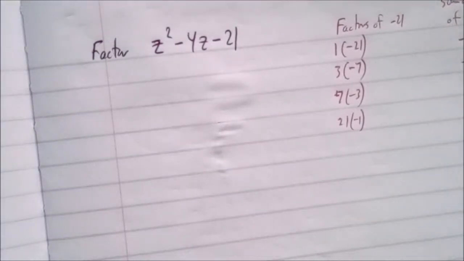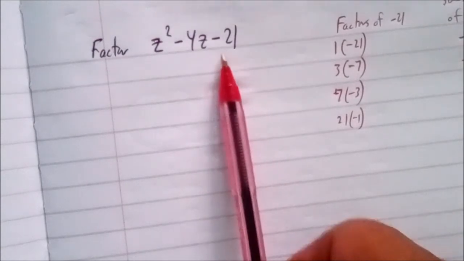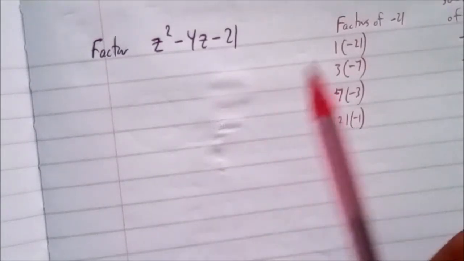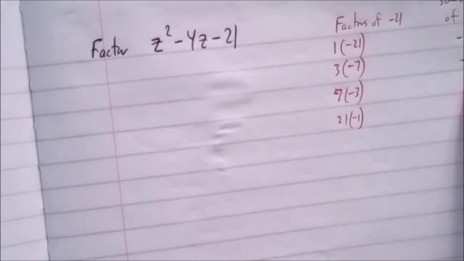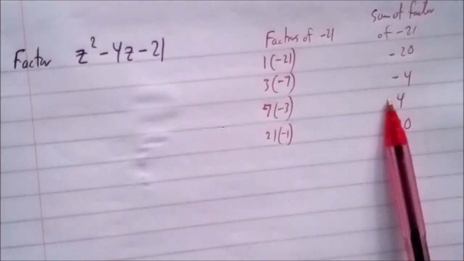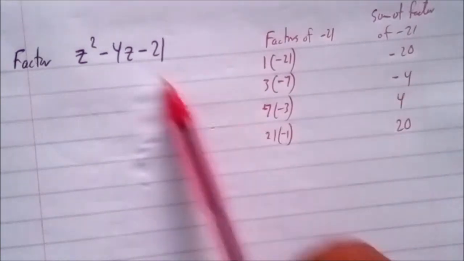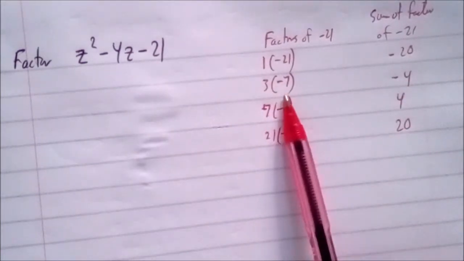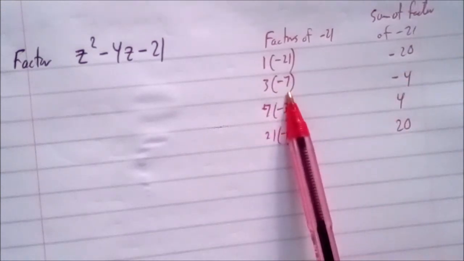So which one of them gave us a product of negative 21 and also gave us a sum of negative 4? If you notice, we got a 4 here, negative 4 here. And the only product which will give us negative 21 is 3 times negative 7. And when you add them, you get a negative 4. So this will be the best combination.